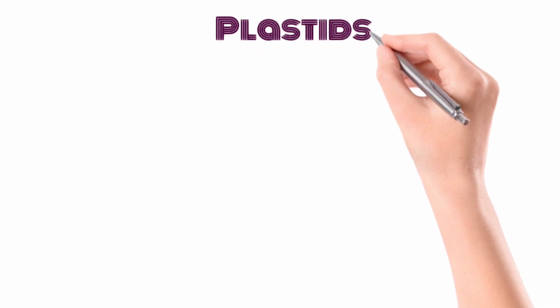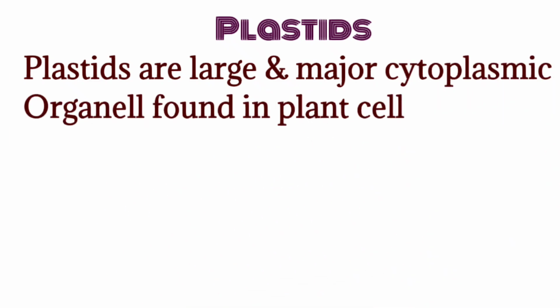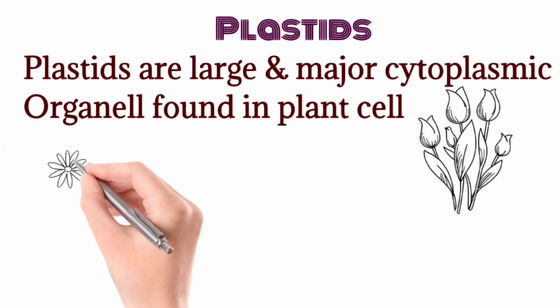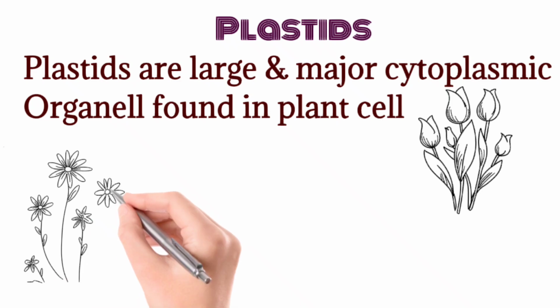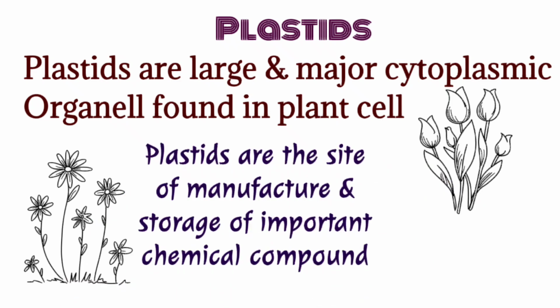Now we are discussing a major organelle that is known as plastids. Plastids are large and major cytoplasmic organelles found in the plant cell. According to their types, plastids are the site of manufacture and storage of important chemical compounds.